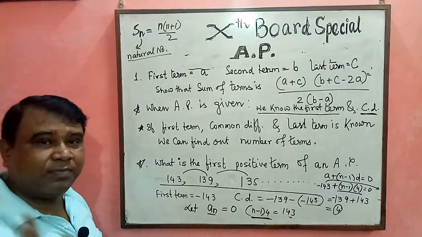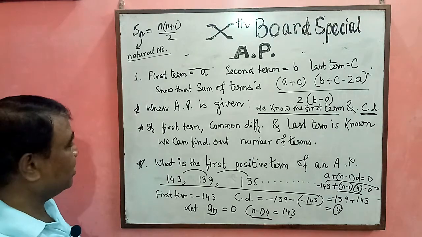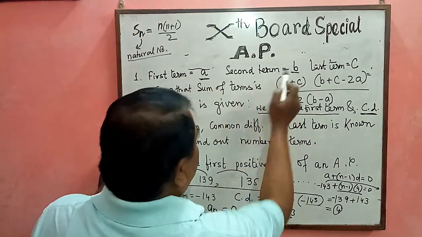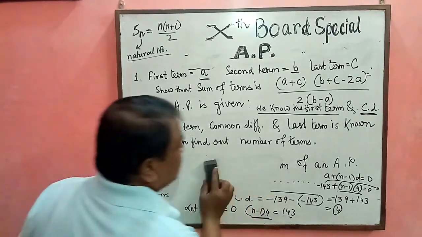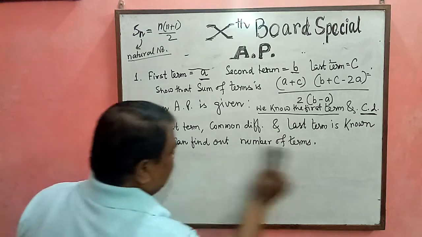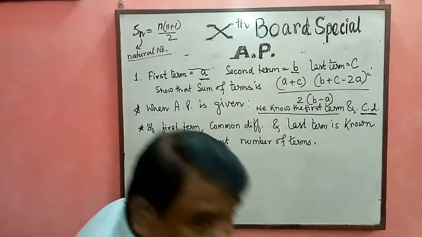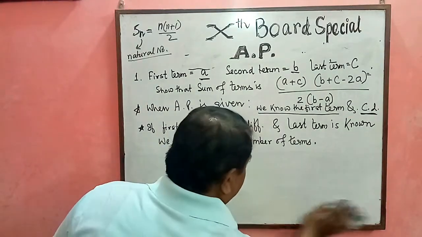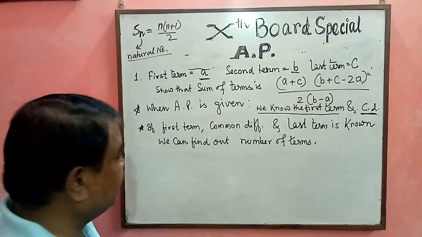These 5 things we do need. Here we have first term is a, second term is b. Then we can easily find out: first term and second term known, so we know the first term and also the d. That is known to you. It's very nicely we have come to know. If consecutive terms are given, so AP means common difference will remain the same.